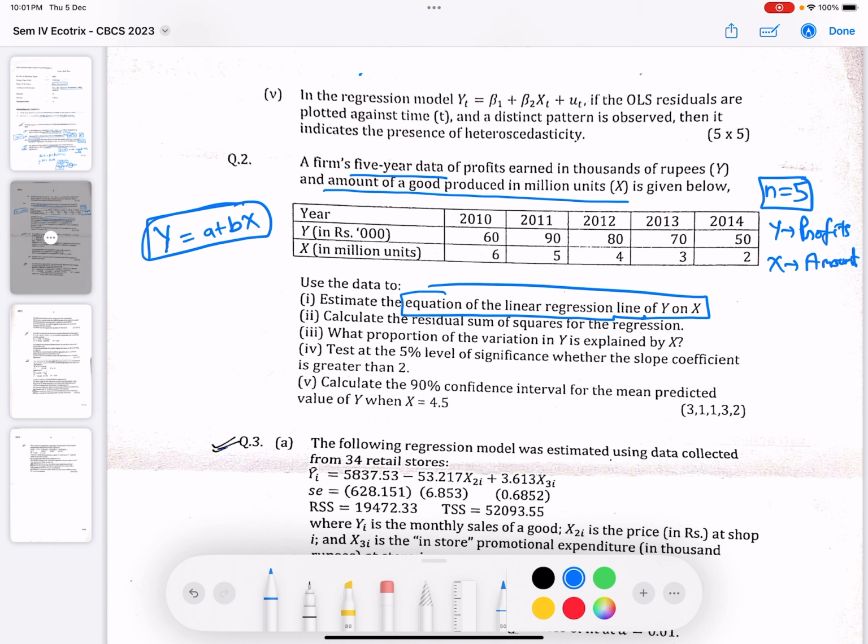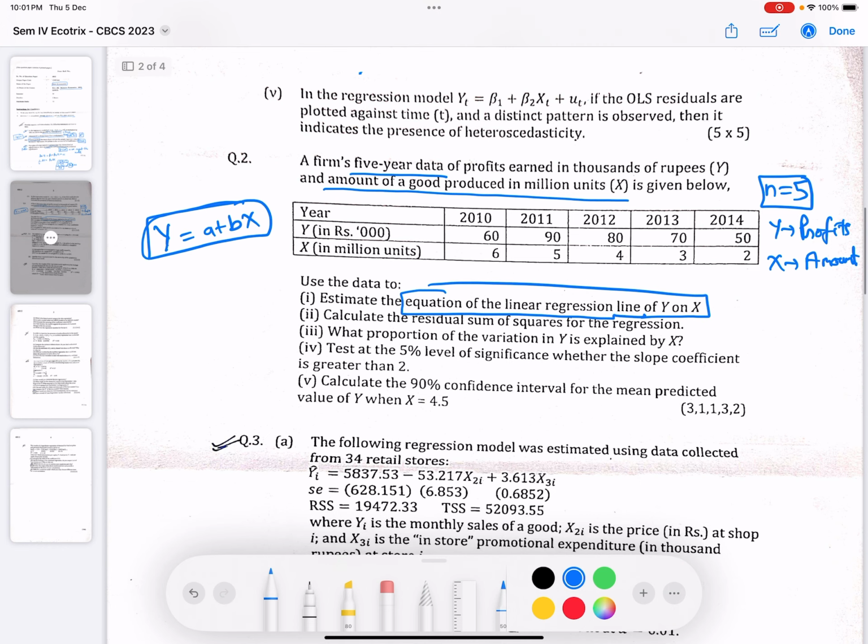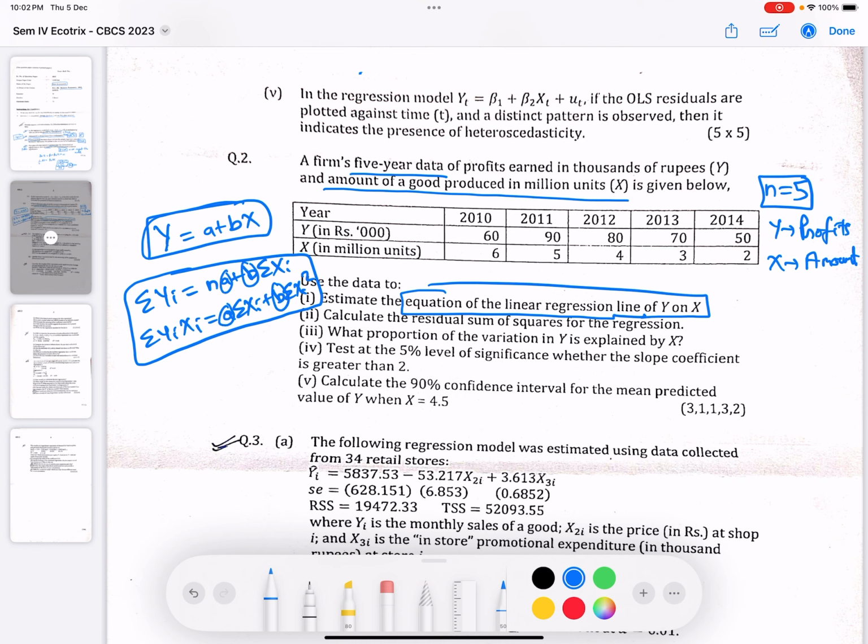Okay. Now with the help of the normal equations, you know, summation yi equals na plus b summation xi, and summation yi xi equals a times summation xi plus b times summation xi square. Since we have two equations and we need to find two variables, we can solve this. So we'll get the values of a and b, and accordingly we can find the regression line.